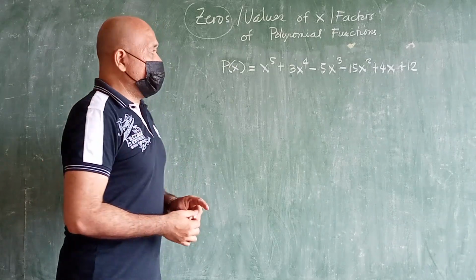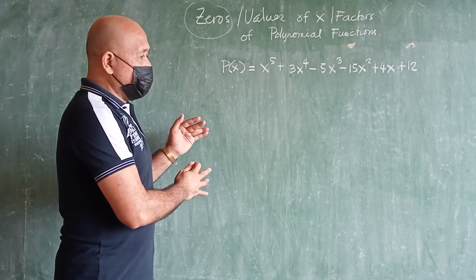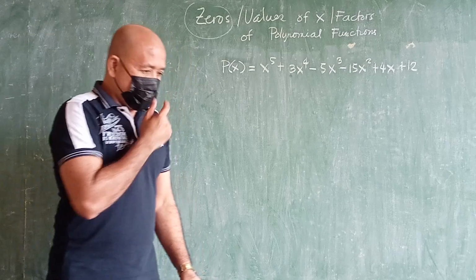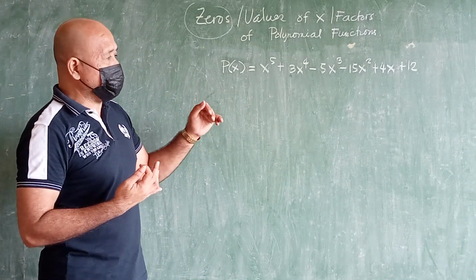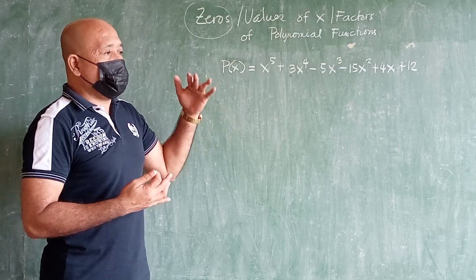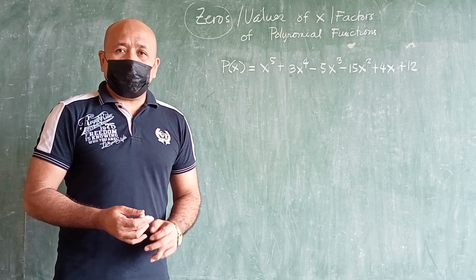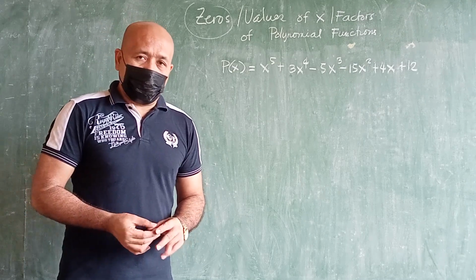This part will guide you how to solve for zeros, values of x, as well as the factors when the degree of the polynomial is higher than 2.